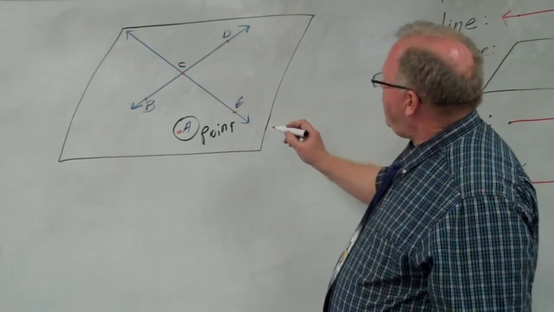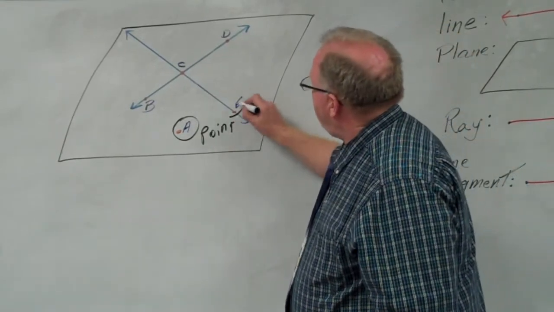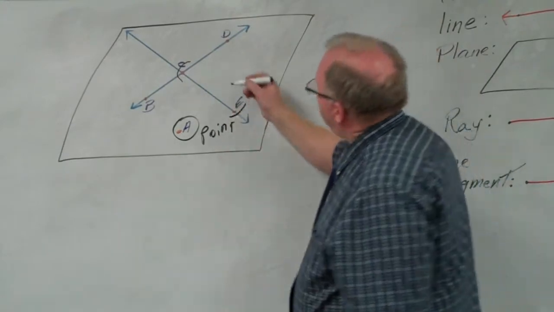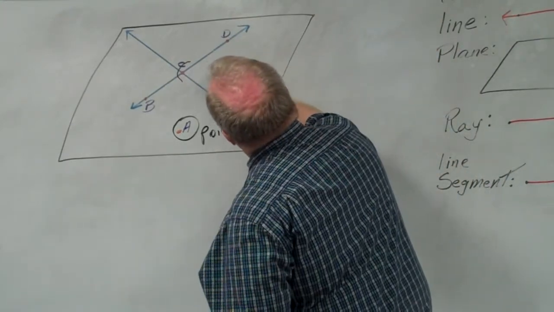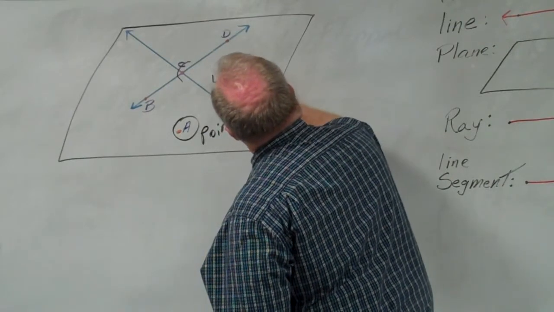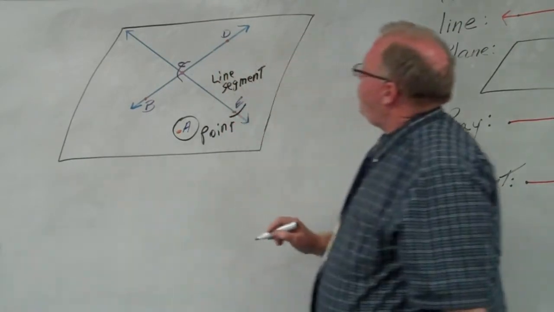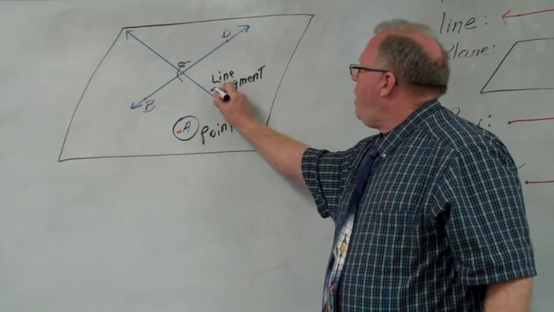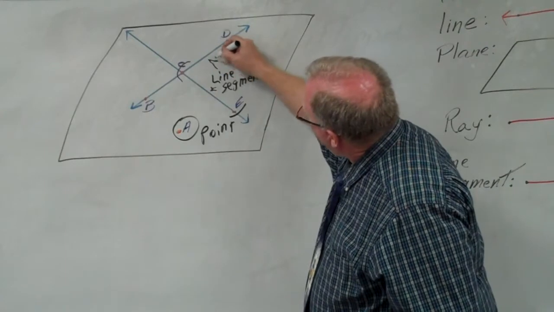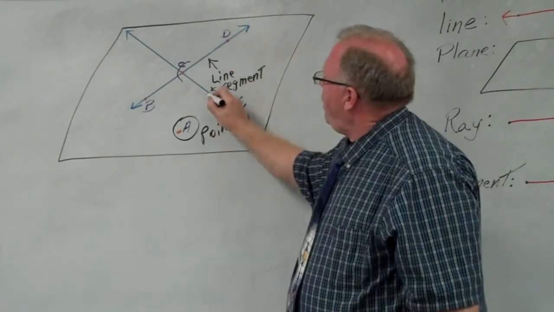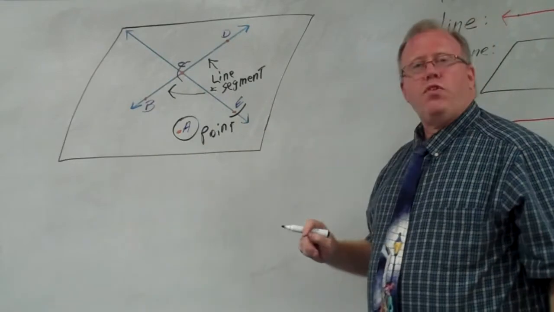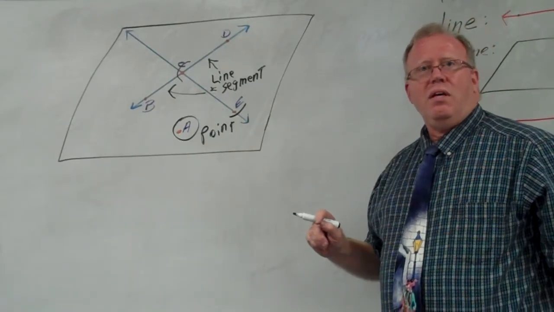Well, if we look at C and E, we have a line segment right here. So I'm going to label that. Okay, so we have one right here. But look at that, between C and D we also have another line segment, as well as between B and C. So we have 3 line segments here.